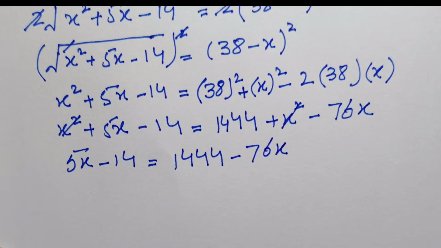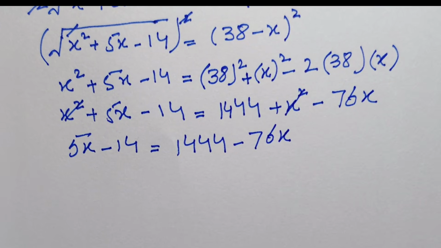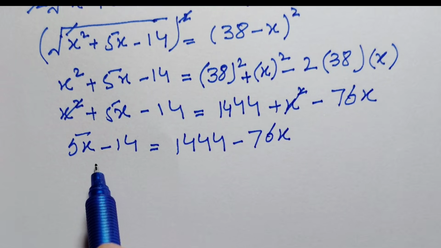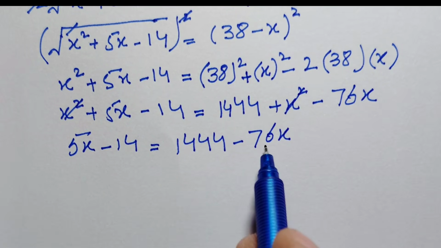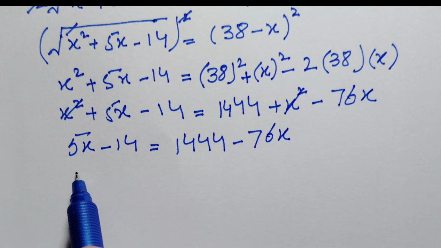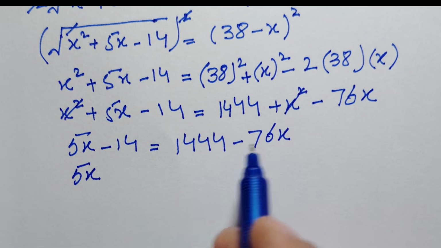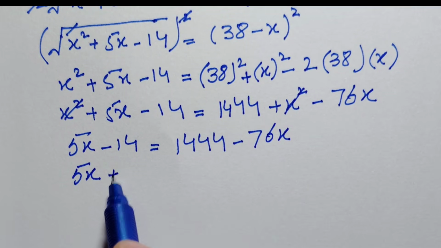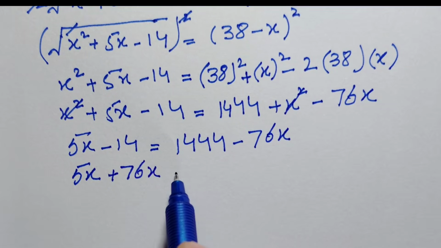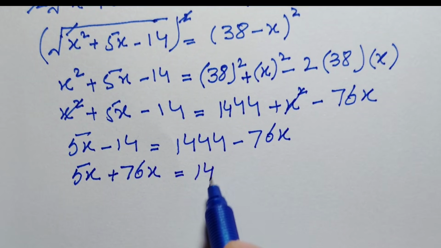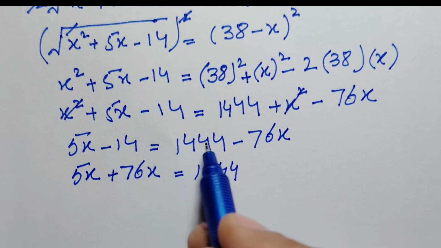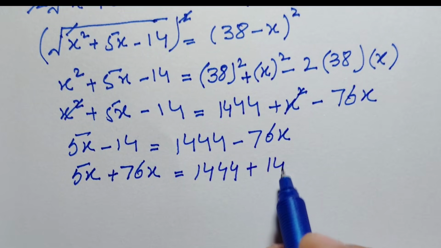To find the value of x, we take both variables on the left hand side, and 14 on this side. It becomes 5x plus 76x is equal to 1444, and 14 becomes plus 14.